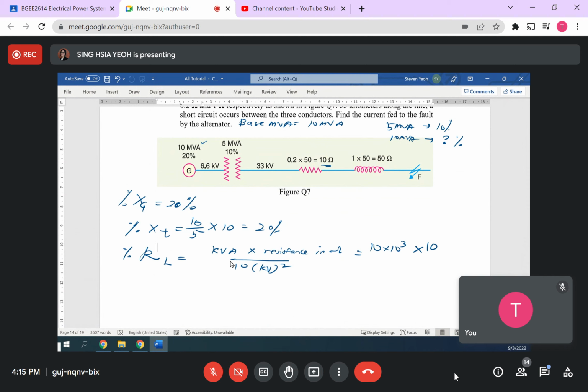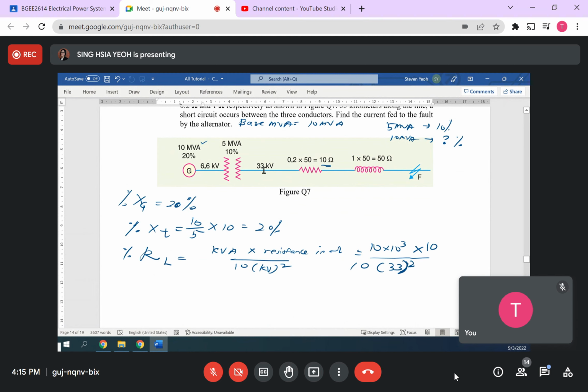Okay. Then divided by 10 times kV power 2, kV will be 33 kV. kV, you don't need to substitute K. You substitute 33 kV.